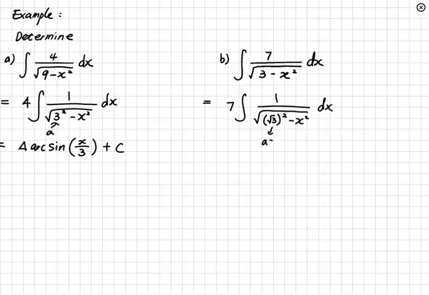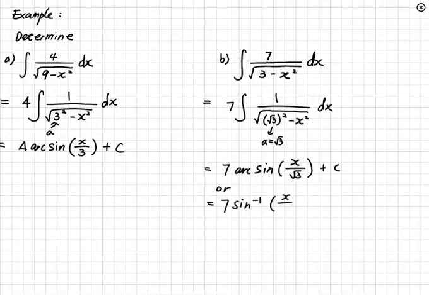Now your a is square root 3. So therefore, again, this is arc sine, so it's 7 arc sine of x over a, which is root 3, plus c. Now again, this is actually same as sine inverse of x on root 3 plus c.